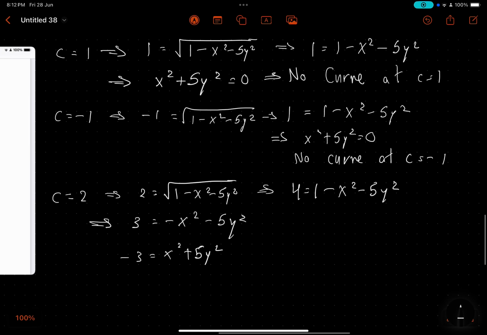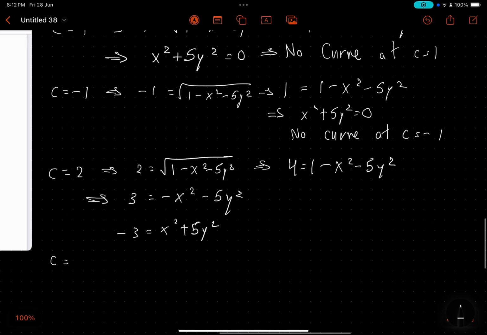So now we will try c values that give us positive values. Let me try taking a fraction, like 1/4 or 1/2. Let's take c equals 1/2.